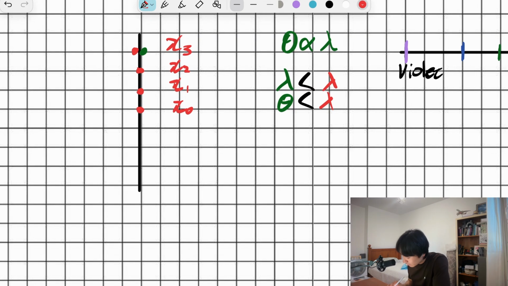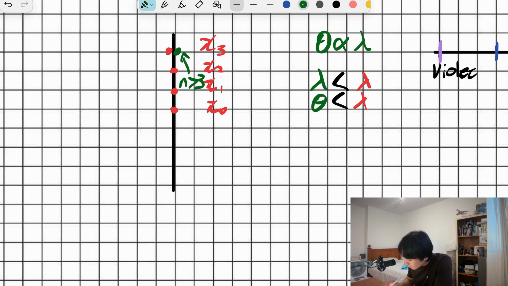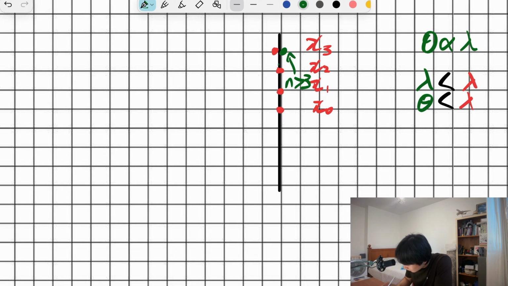So necessarily, this here should be where n is larger than 3, right? Because green diffracts less. So maybe green's third maxima in reality is here, and maybe this is perhaps its fourth maxima. But we're not given that yet, right?